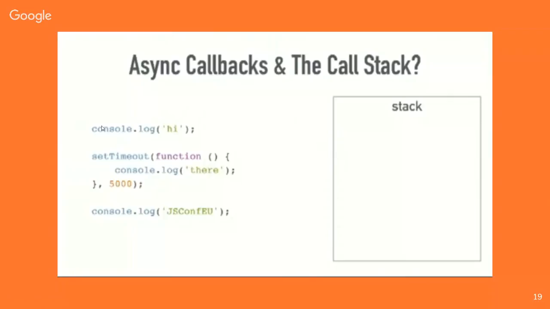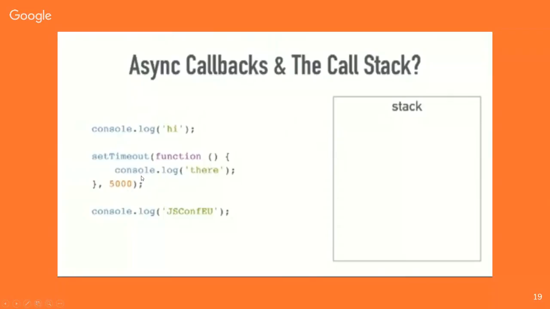First off, once we run this code snippet, we'll firstly console log hi. And here we enter this set timeout function, which we've set a delay of 5 seconds. So this function runs and waits 5 seconds.